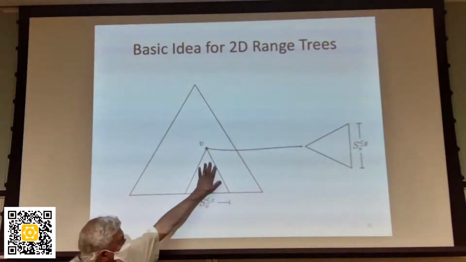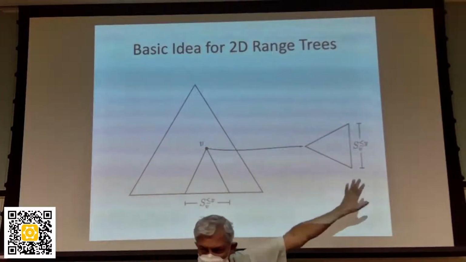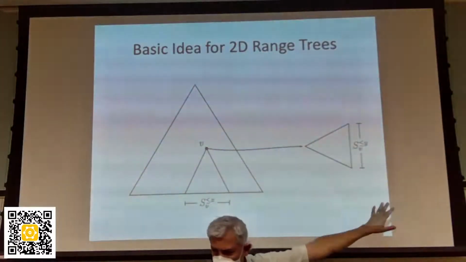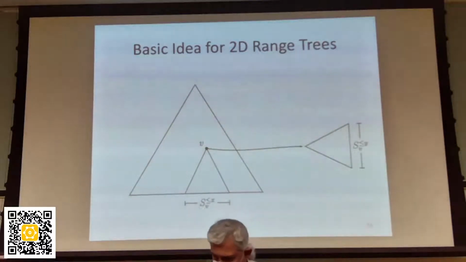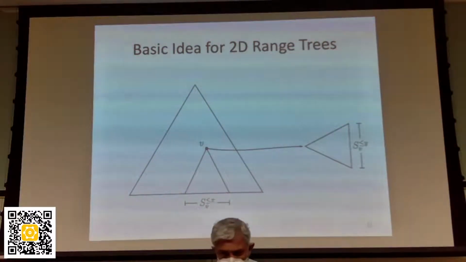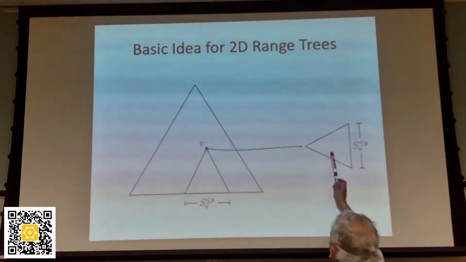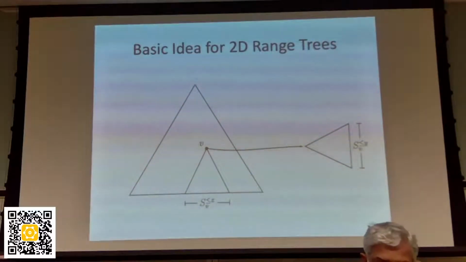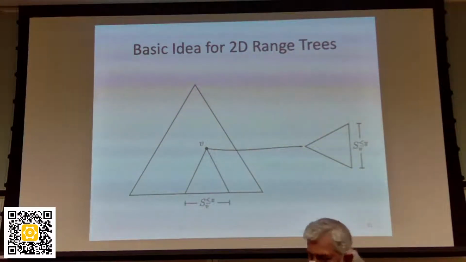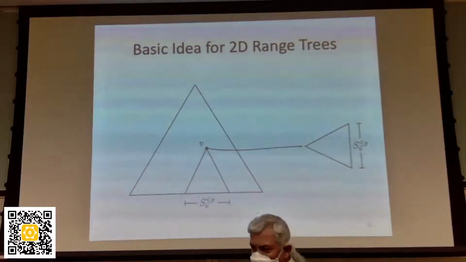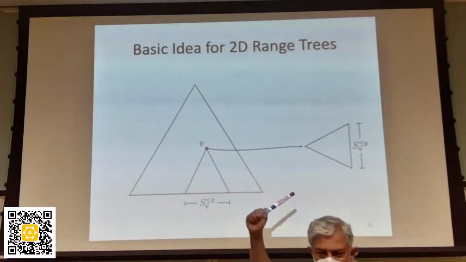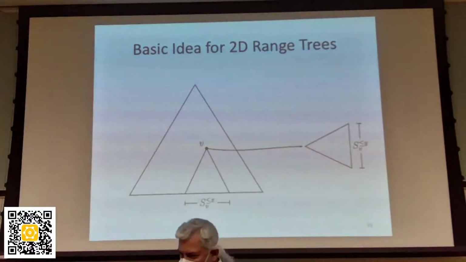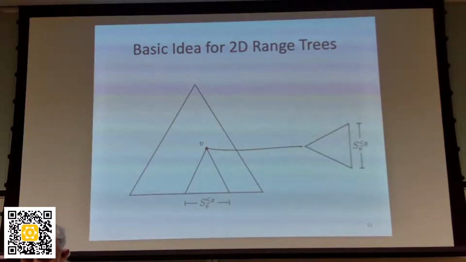I'm going to take this entire set, and in parallel, I'm also going to build a y data structure. So I'm going to build an extra binary search tree for their y coordinates. So now, at every node, I have this strange y structure that's going to be hanging off of it. This is called a 2D range tree.